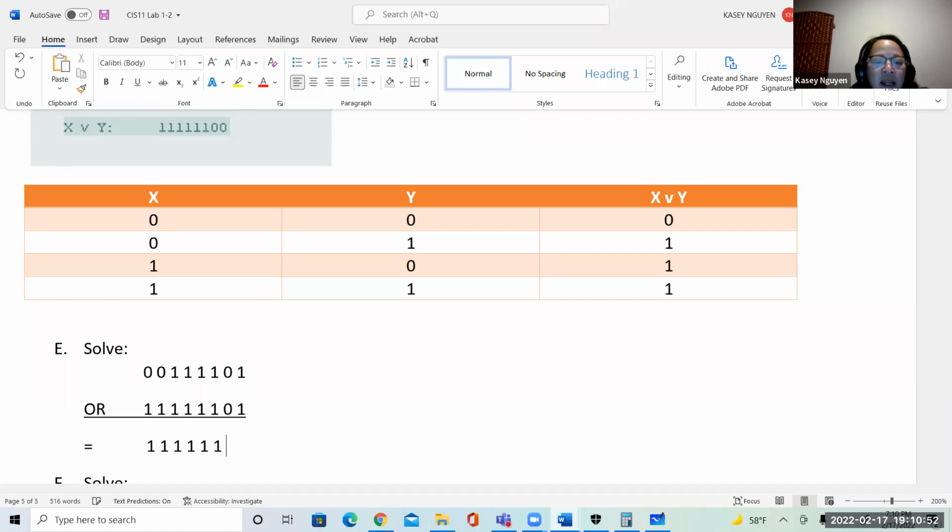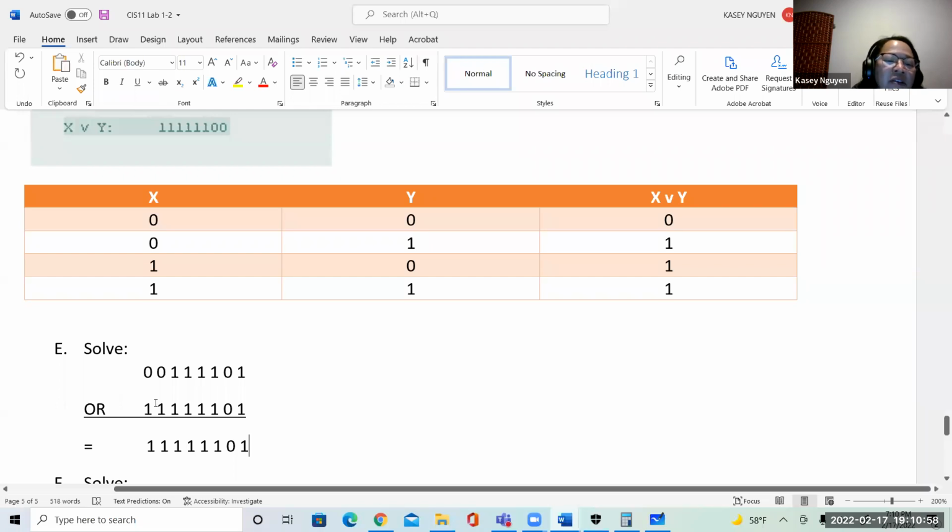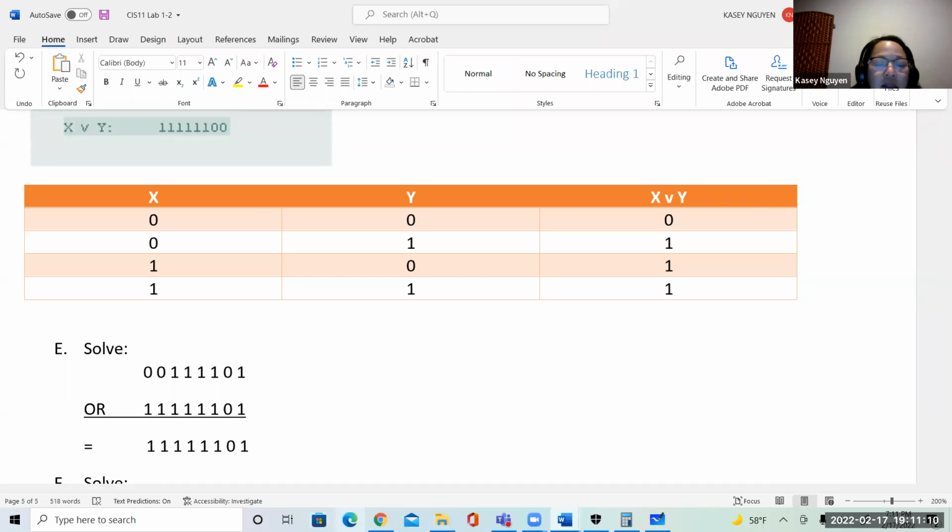And same with the next one. 0 or 0 is 0. 1 or 1 is 1. And you notice that the output for this is the same as one of the inputs, and when it ORs it with this.